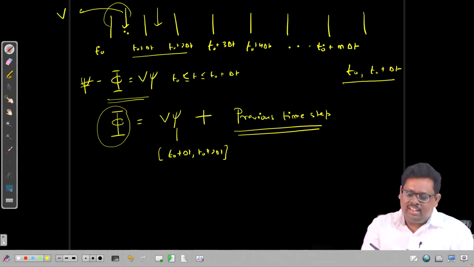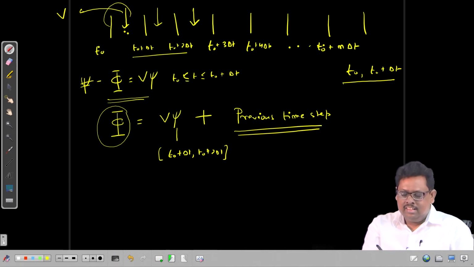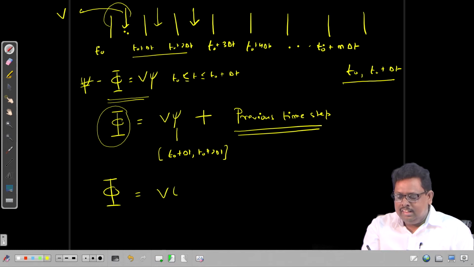And similarly, in this case, I can write my total potential phi equal to v into psi in this time interval t 0 plus 2 delta t comma t 0 plus 3 delta t, right.